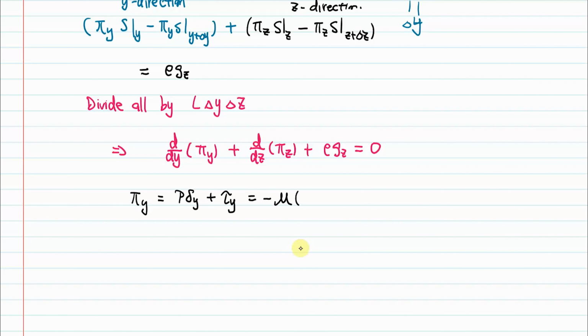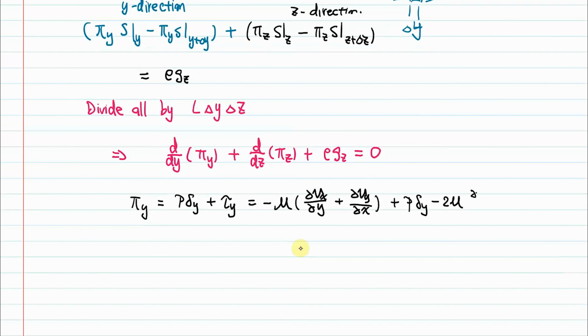So pi equals negative mu times (partial Vx partial y plus partial Vy partial x), that's the shear stress term, plus P delta y minus 2 mu normal stress partial Vy partial y, minus mu times (partial Vz partial y plus partial Vy partial z).